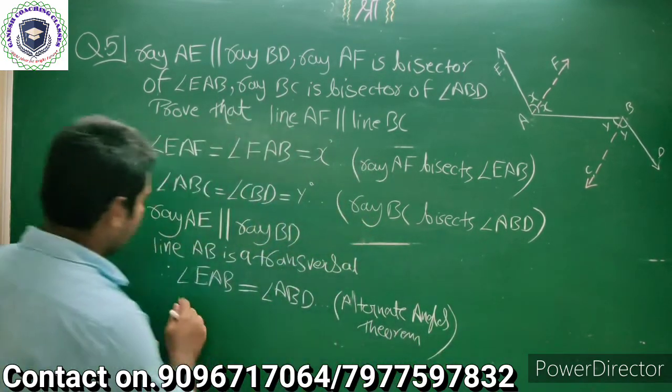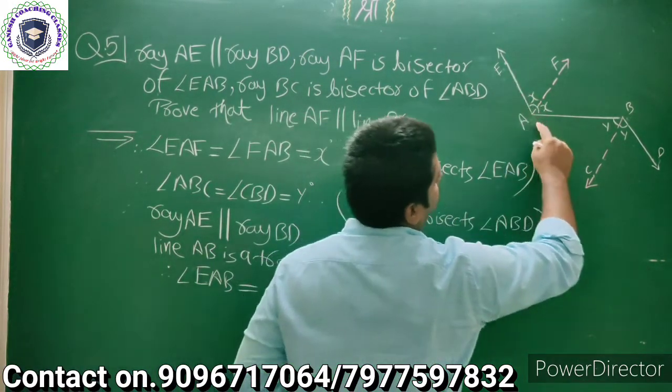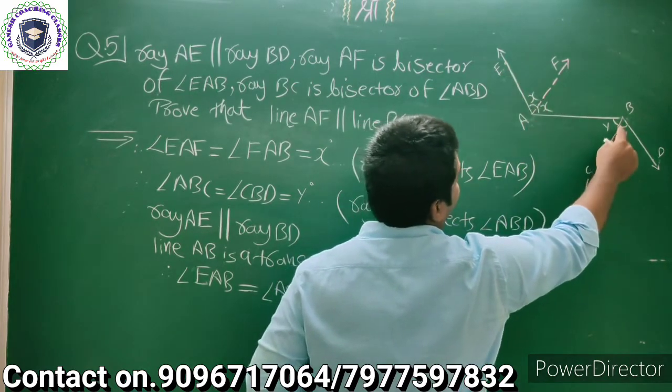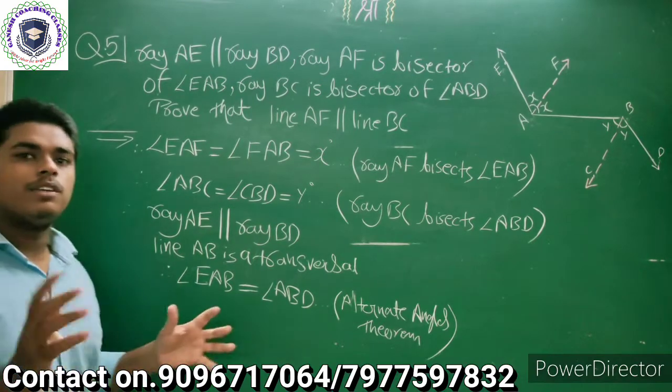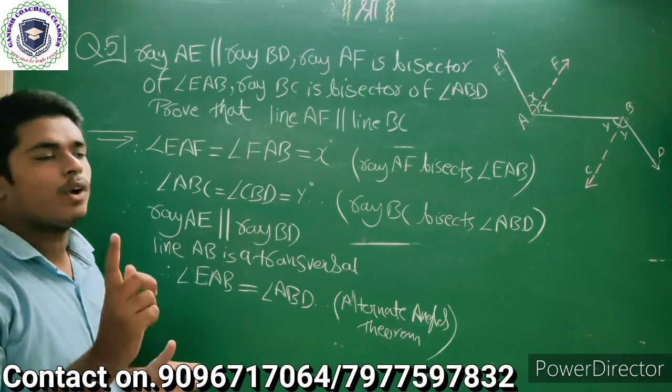So EAB is equal to ABD by the alternate angle theorem, because these two angles are inscribed in a Z shape, and that Z shape is formed by two parallel lines and one transversal.